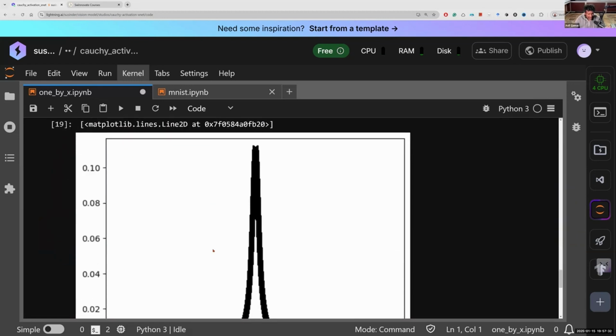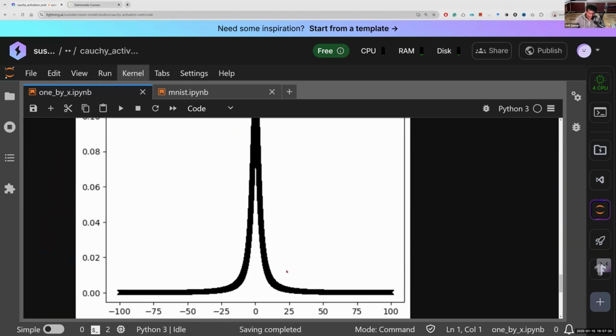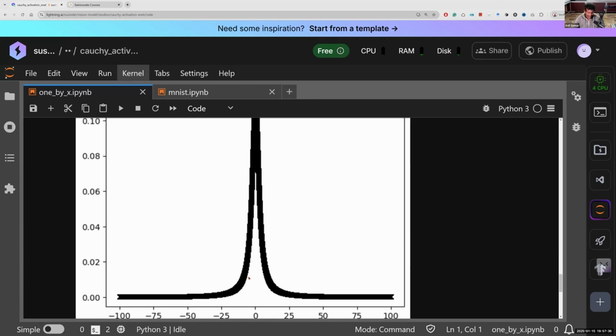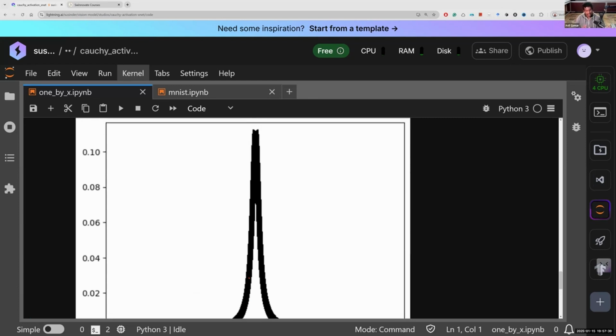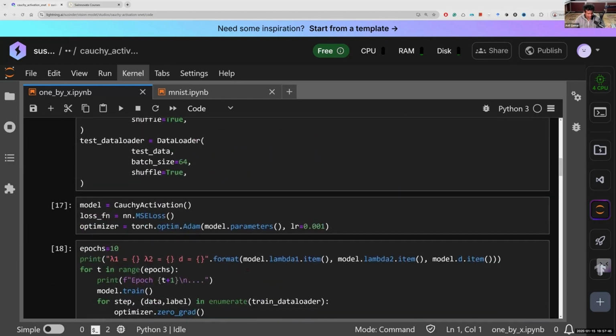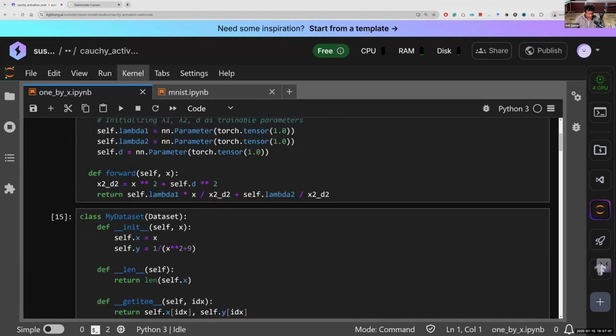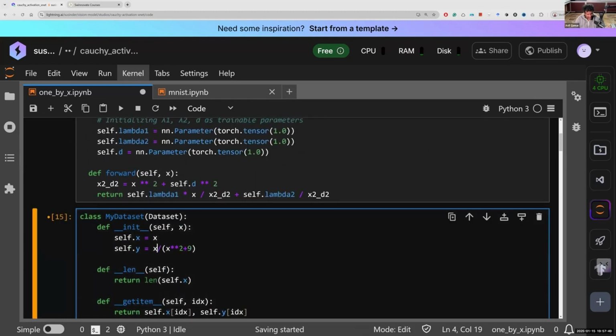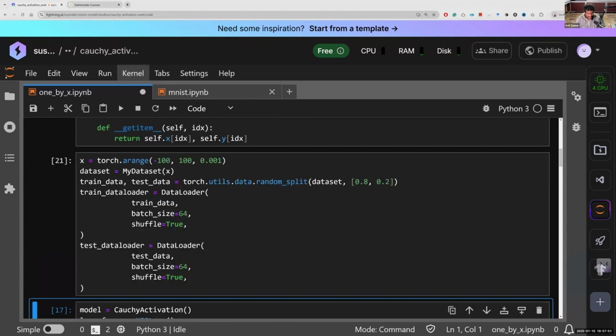And we can see this is the 1 by x squared plus 9 function. So this is the second term in that Cauchy activation function. Now we can just change this to become x by x squared plus 9, and then rerun this.